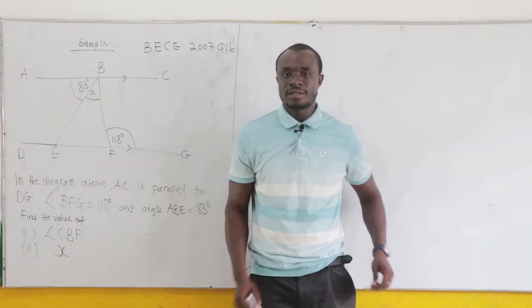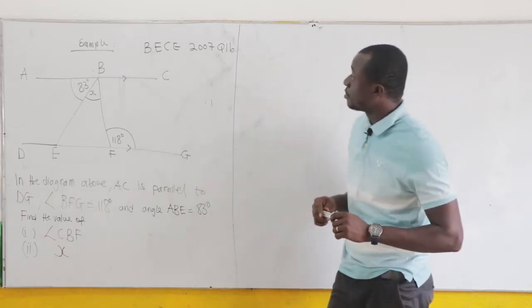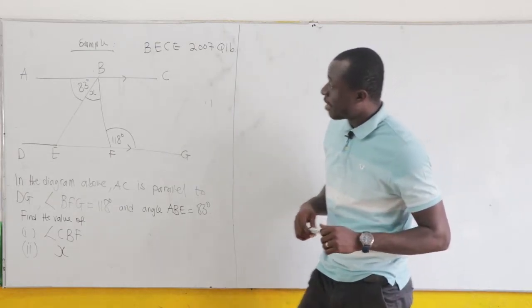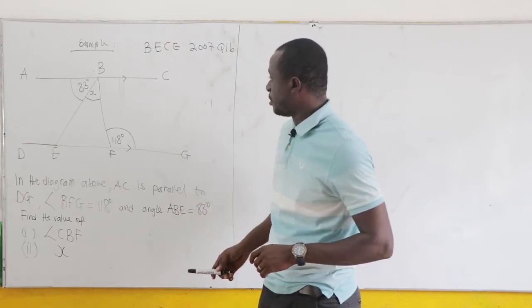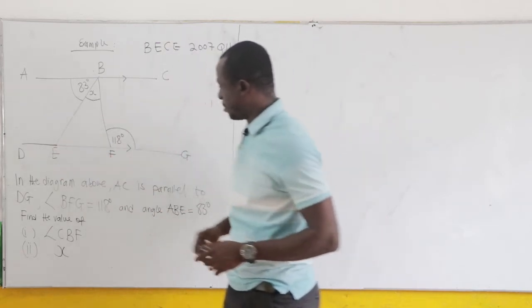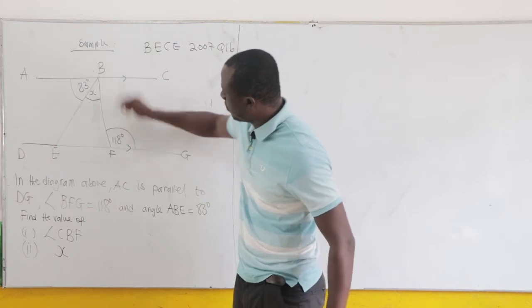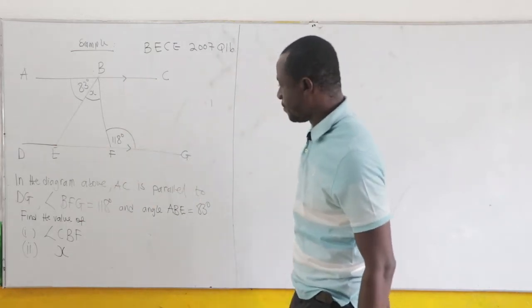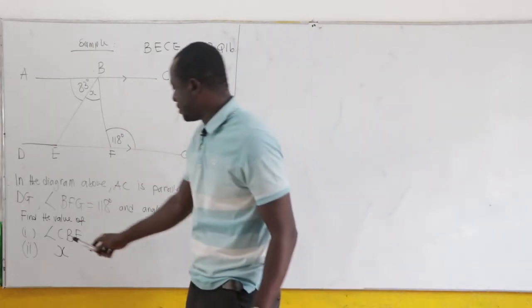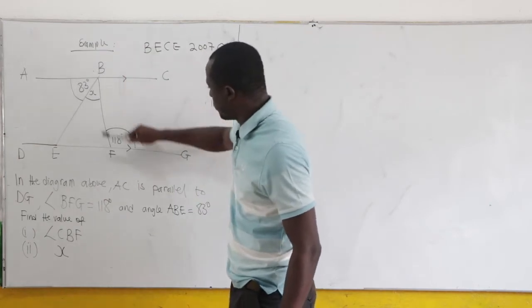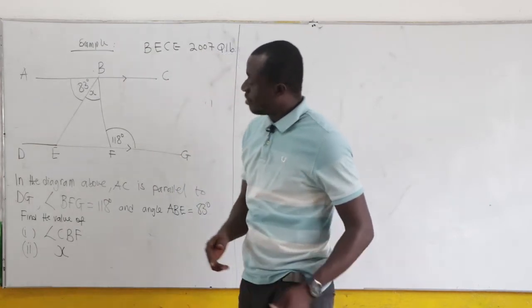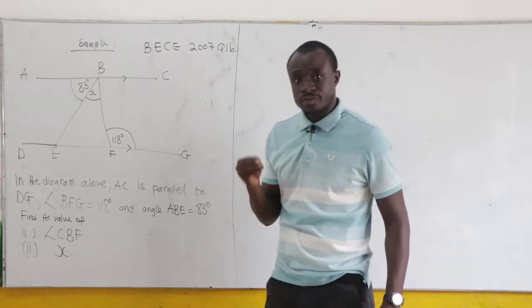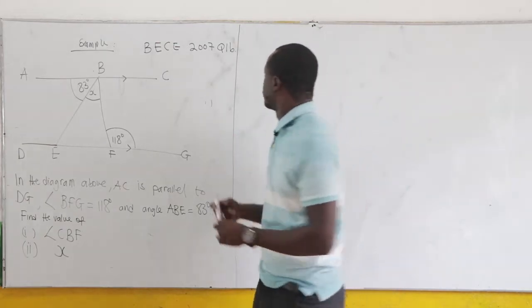Now let's consider this past question. This is BECE 2007 question number 1B. Now we are going to do the diagram above. AC is parallel to DG. We have the transversal, that is BF, and then BE. Now the first one is we should find CBF. Now the angle here plus the angle here would form co-interior angles.